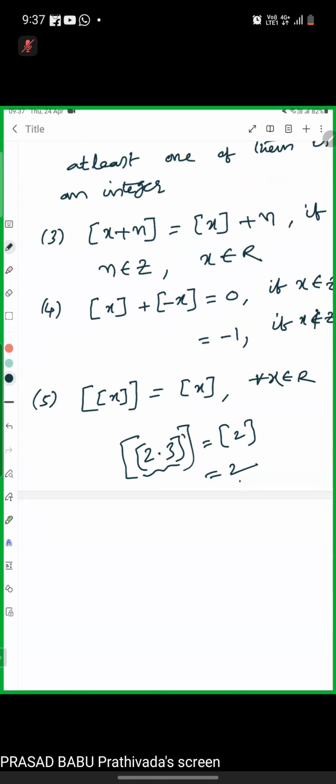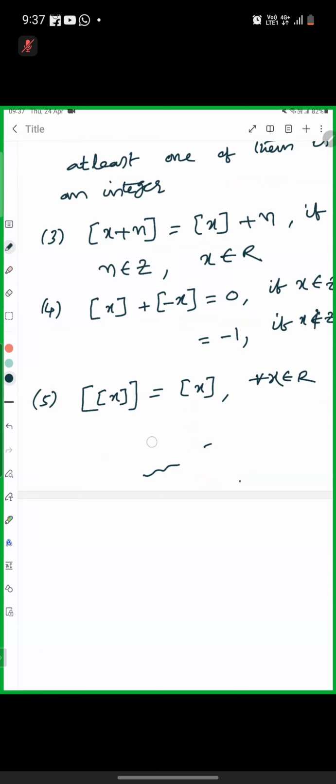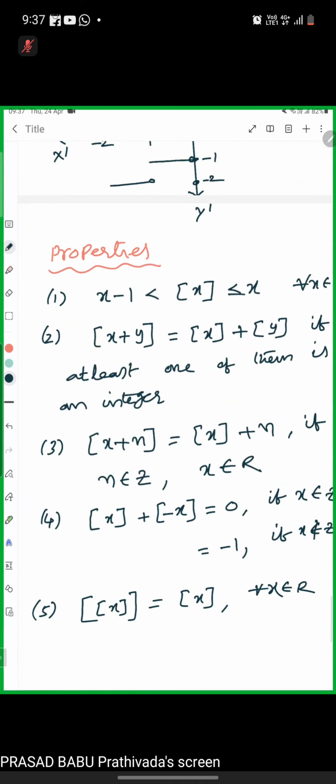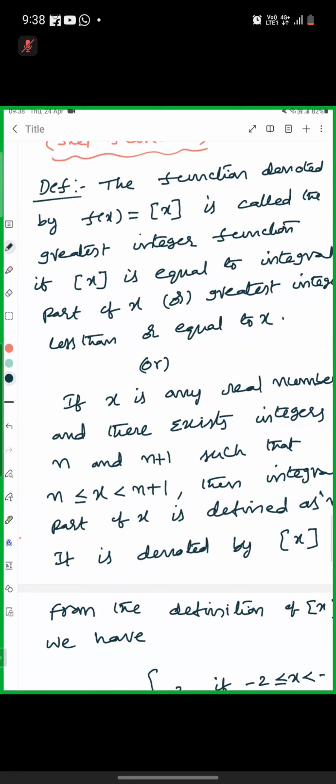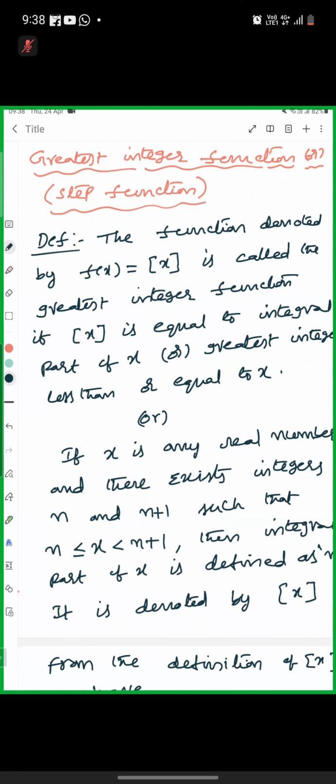So this is the same as this one. Simply, the integral part of x is x if x is an integer. Here this is an integer, so the integral part of that will be the same. This is about the greatest integer function. Now note down the definition, graph, domain, range, and properties.